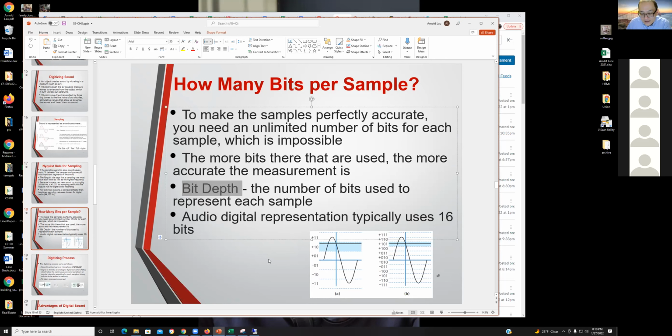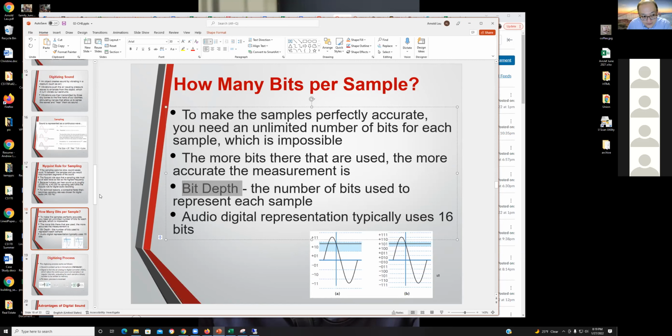B-I-T D-E-P-T-H, right? So you remember the sampling is going up and down, right? So here's the sound wave going across. The sampling shows you how the samples are going up and down. I guess it's the amplitude of the sound wave, right? So it's going up and down, and you're taking all of those samples there. Now, when you look at the bit depth, it's actually the other angle, right? It's going horizontal.